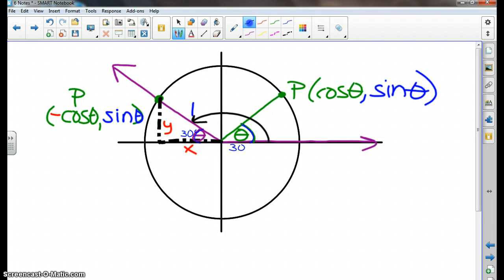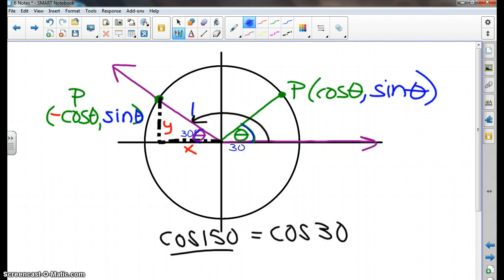What that means to you is that the cosine of 150 degrees and the cosine of 30 degrees will have the same value, but this one will be negative.